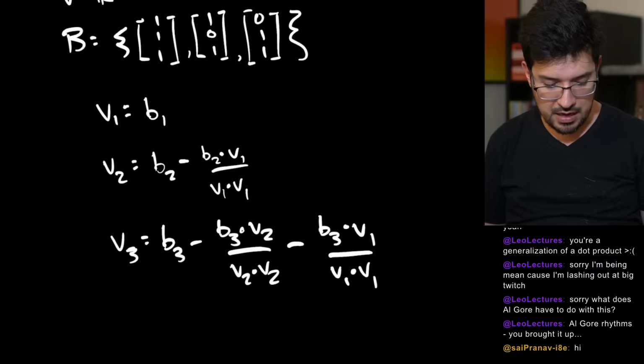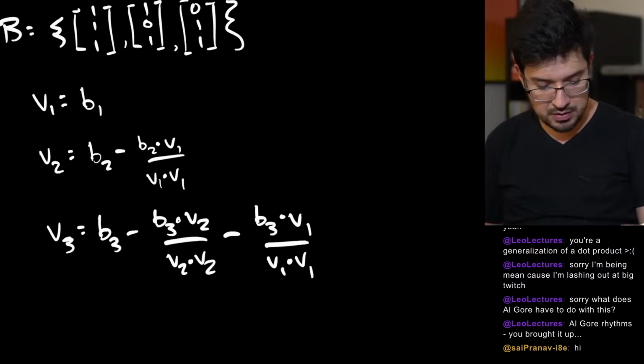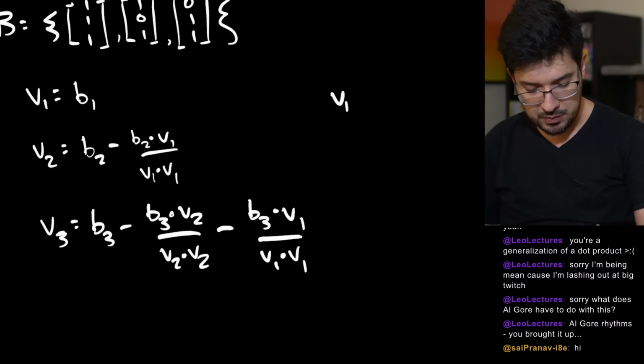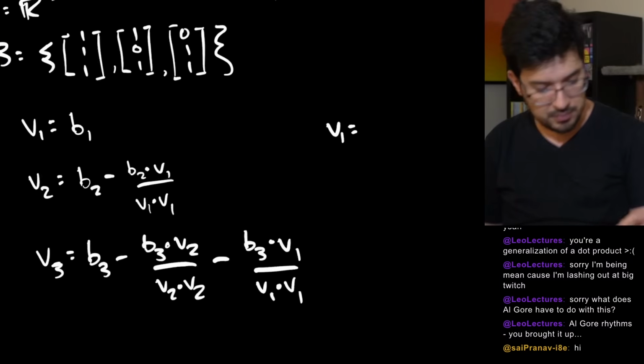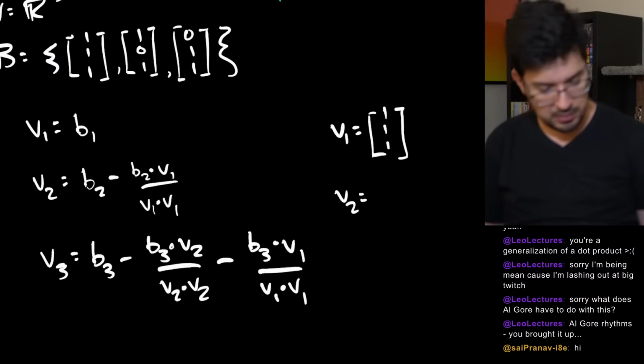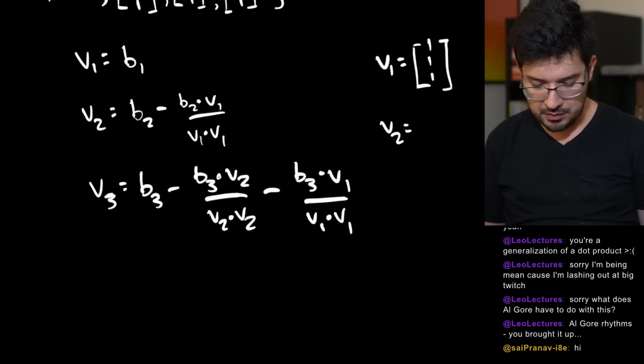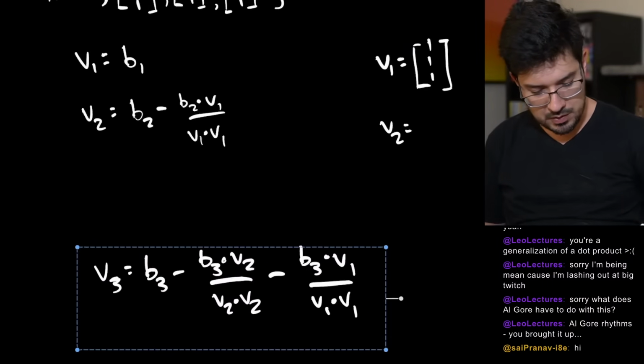Okay, now we just need to calculate all these things. So therefore v1 is the same as b1, 1, 1, 1. For v2, why don't we do this?